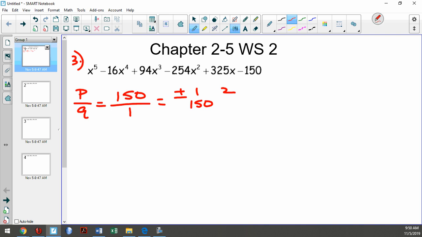Then 2, what's 150 divided by 2? 75. What's 150 divided by 3? 50. And is it divisible by 4? No. Is it divisible by 5? Yes, that's 30. How about by 6? 6 and 25. 7?